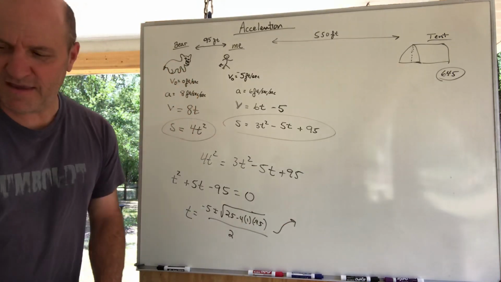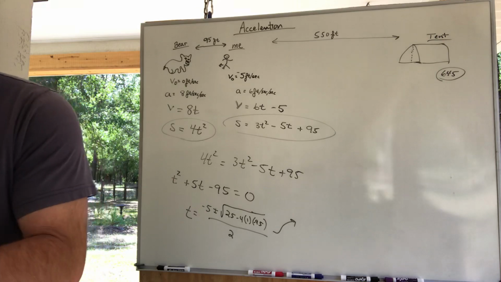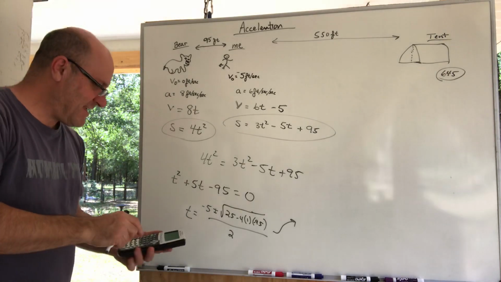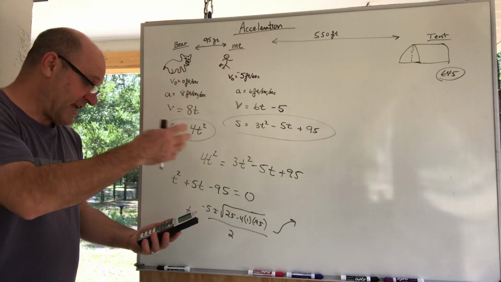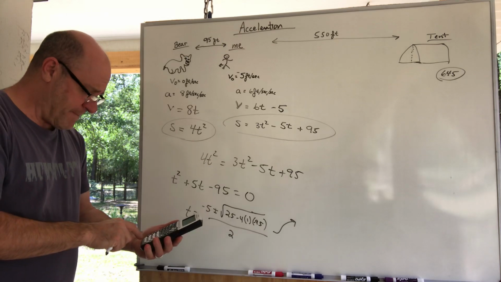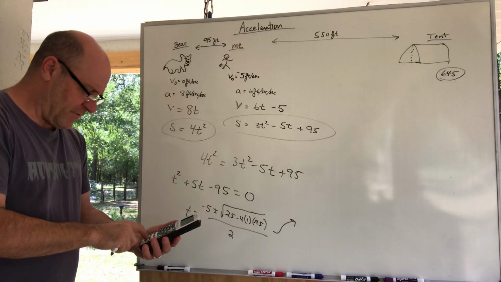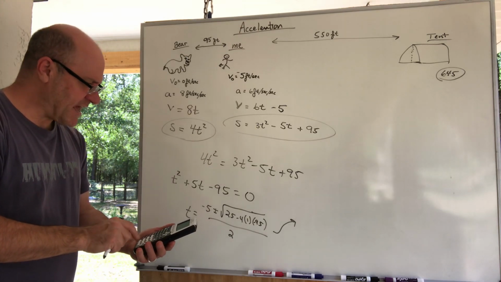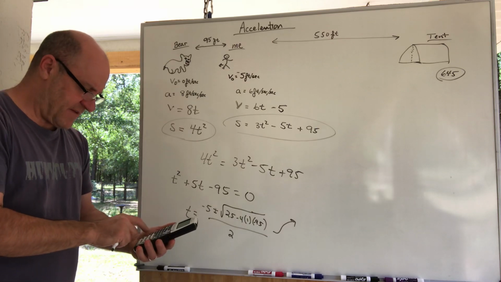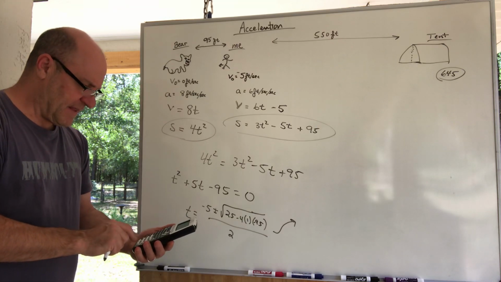Give me a second. I'm going to pick up my calculator. This is how long it takes for him to catch me. 25 plus 4 times 95, and then I want the square root.